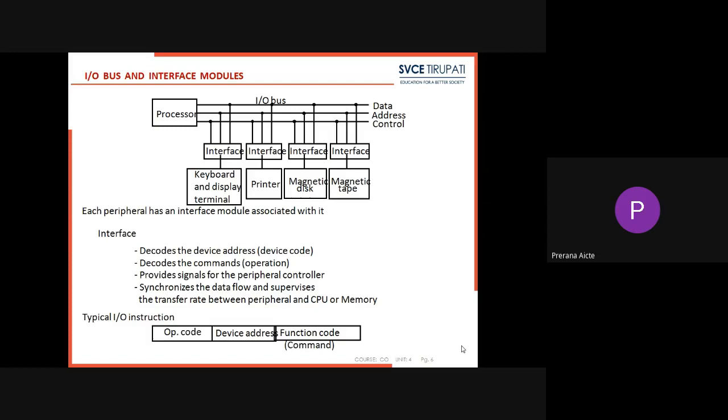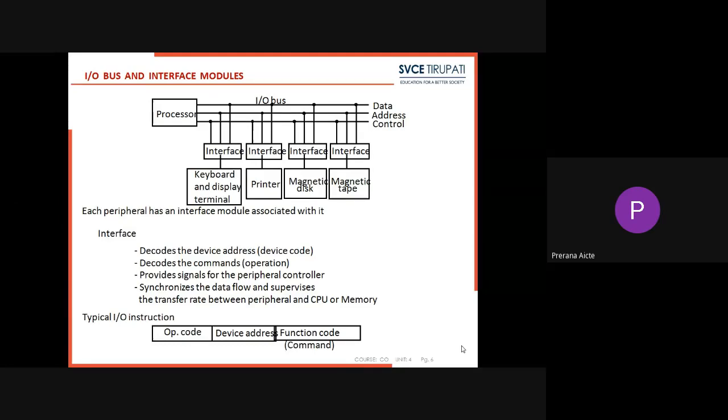Each peripheral has its own controller that operates the particular electromechanical device. The I/O bus from the processor is attached to all peripheral interfaces. To communicate with a particular device, the processor places the device address on the bus, and the address decoder monitors the address lines.